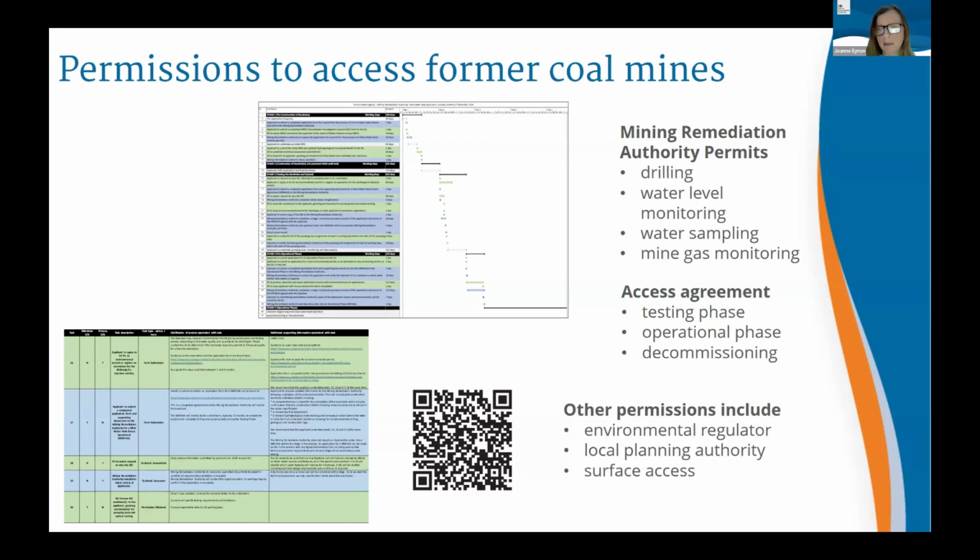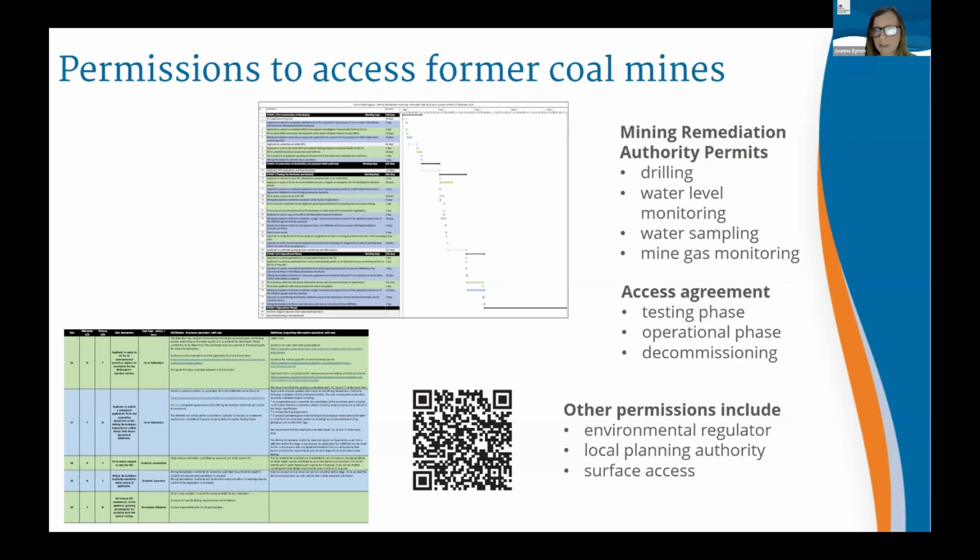Those permits can be provided to drill boreholes, to do monitoring and establish baseline information such as water level and pressure, water sampling so that the chemistry can be understood, which can help inform the conceptual understanding of the connections between mine workings, and monitoring of mine gas.